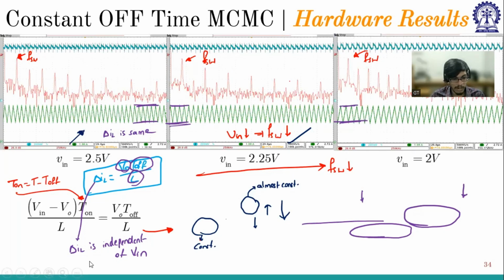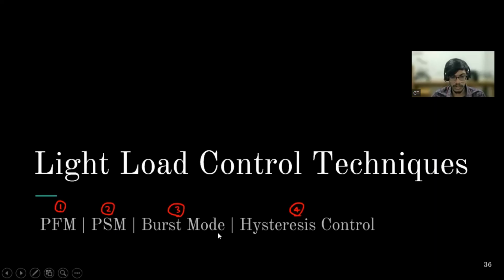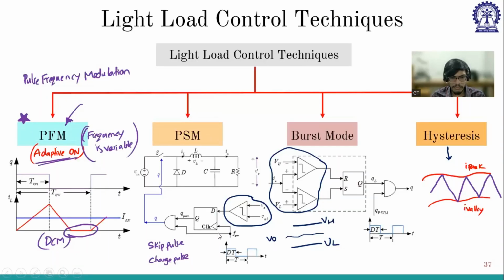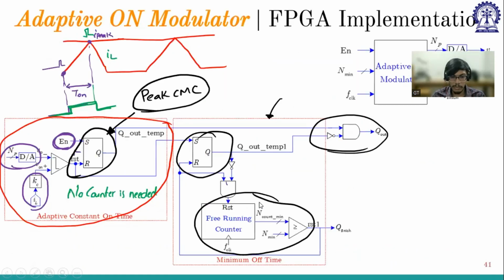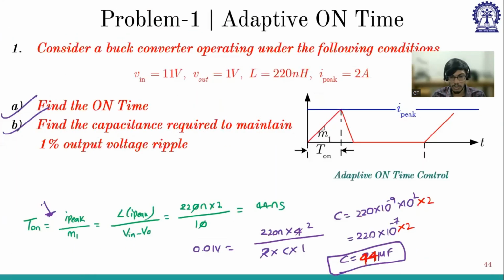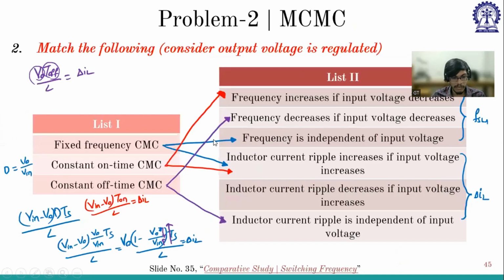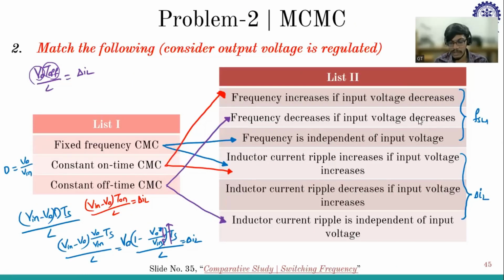Because of this equation, we said that delta IL is independent of V in. That is one advantage of constant off time. Delta IL is not dependent on V input, and only the frequency is dependent, and frequency is proportional to V in. So if V in decreases, frequency also decreases. With this, we'll conclude our session here.